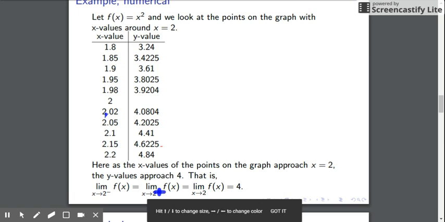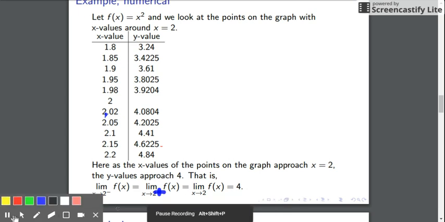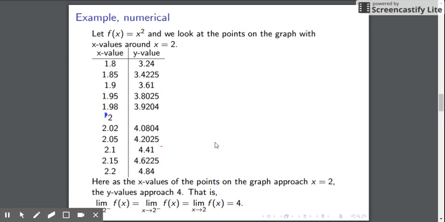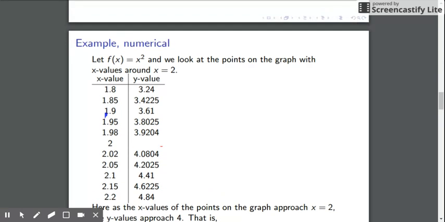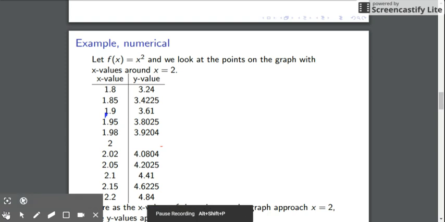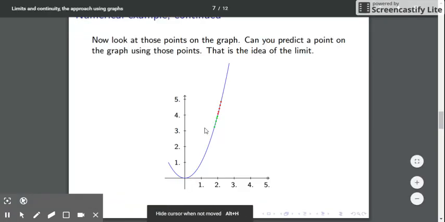So if the limit from the left is equal to the limit from the right, and they're both equal to 4, then the limit is going to be equal to 4. Also notice that not only does the limit approach 4, but if I plug 2 into the function, I will get a 4 here.